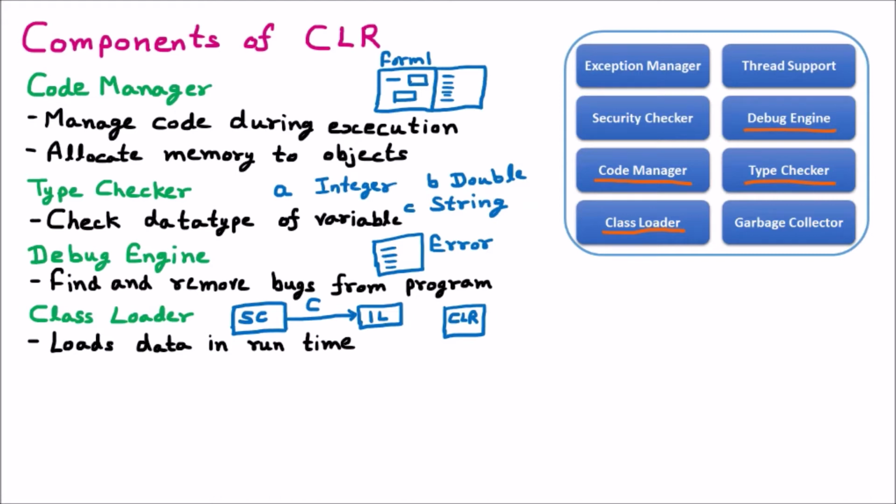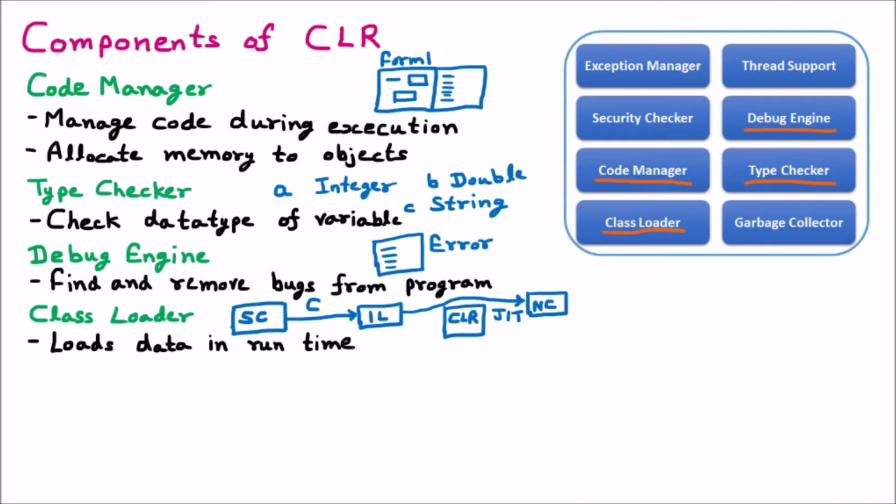Now we know that the source code is compiled to intermediate language. This intermediate language is loaded by the class loader, and afterward the CLR also contains one JIT compiler. This JIT compiler is again part of the CLR and converts the code into native code or machine code.